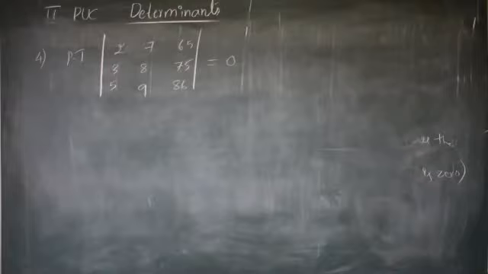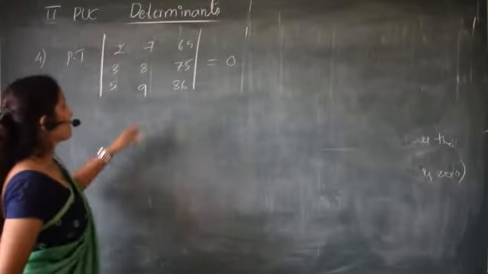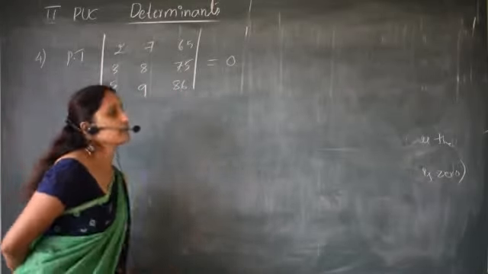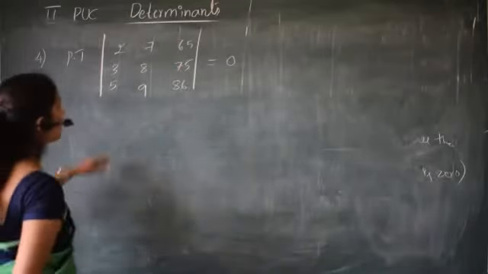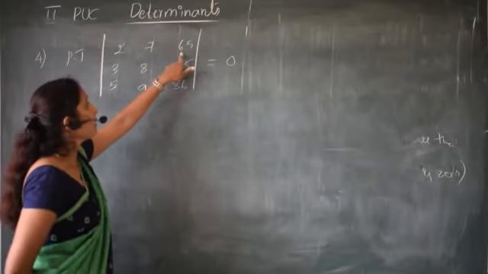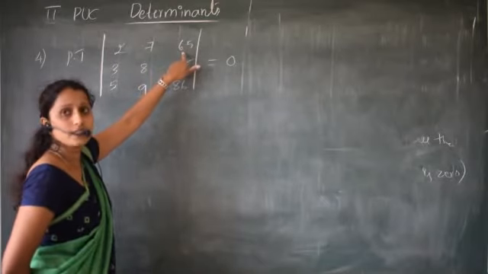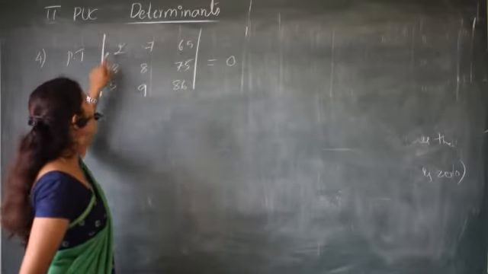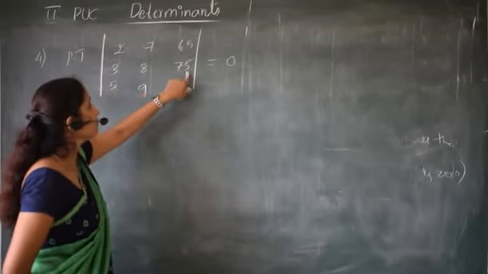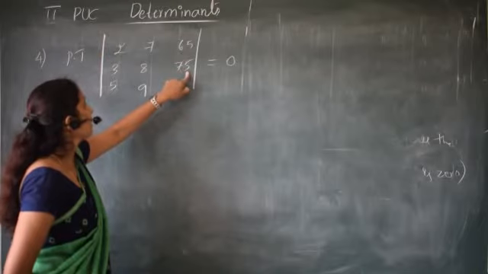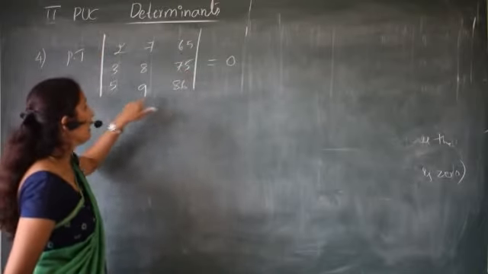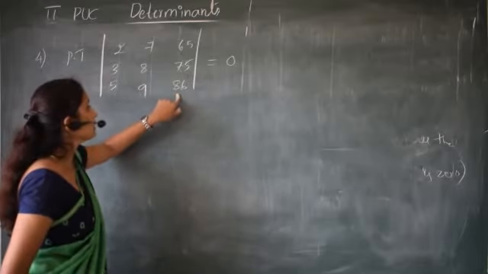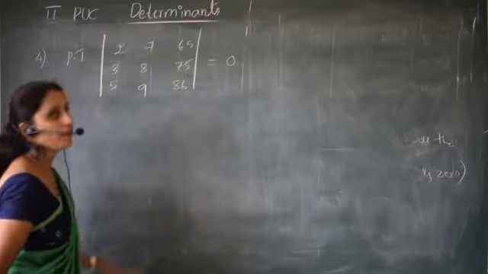So how can we write it? The terms are 65, 75 and 86. 65 minus 63 is 2, 75 minus 72 is 3, 86 minus 81 is 5.